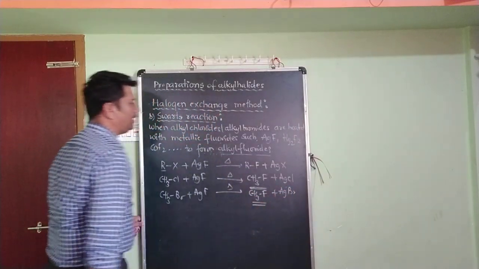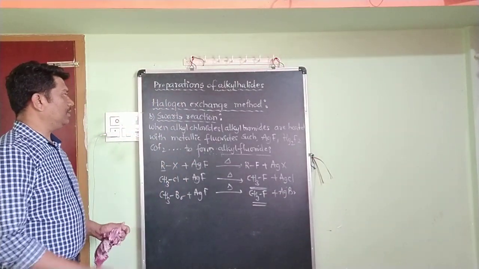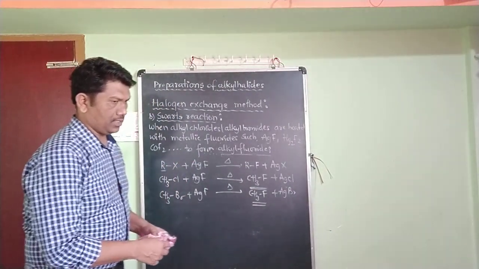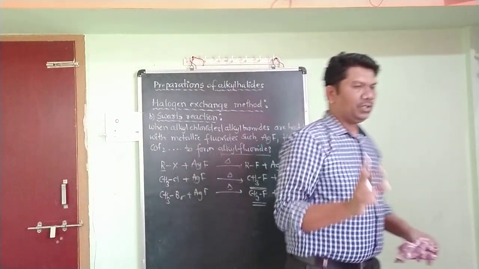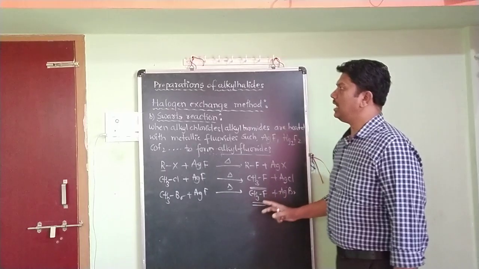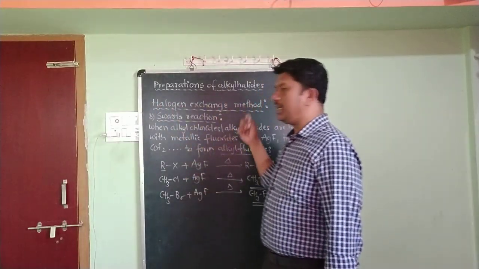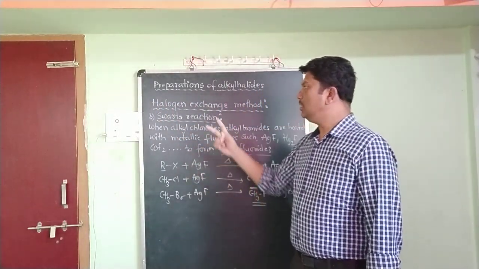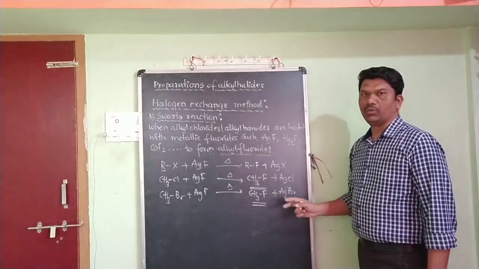So methyl fluoride is the alkyl fluoride, and this is the Schwarz reaction. So these are the two important methods for the preparation of alkyl halides by the halogen exchange method, the Finkelstein reaction and the Schwarz reaction. Okay, thank you.